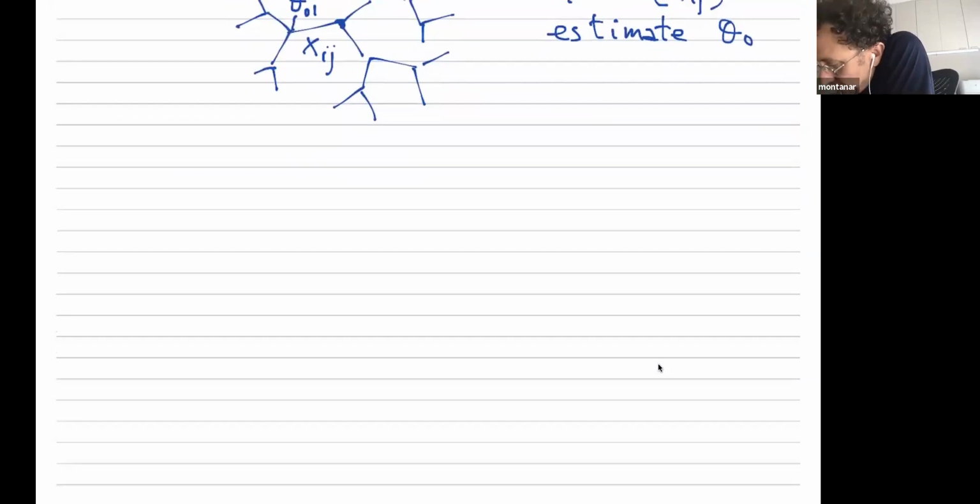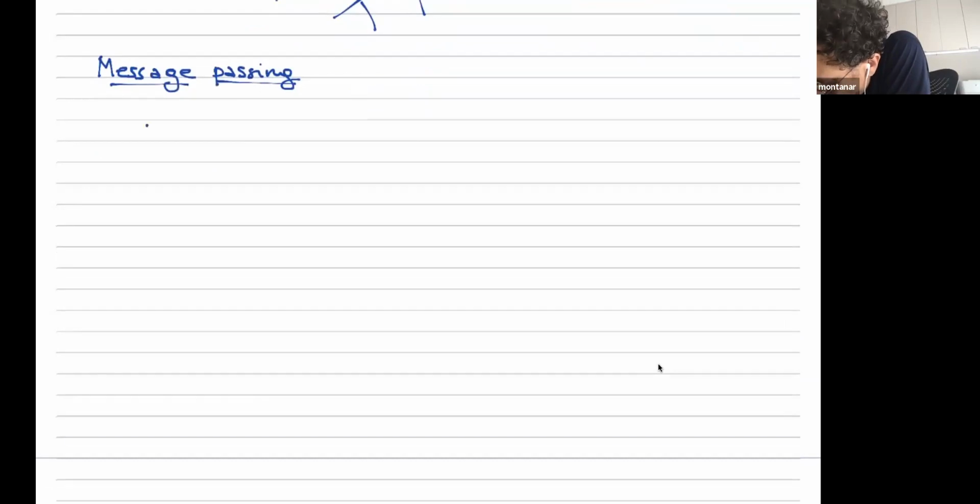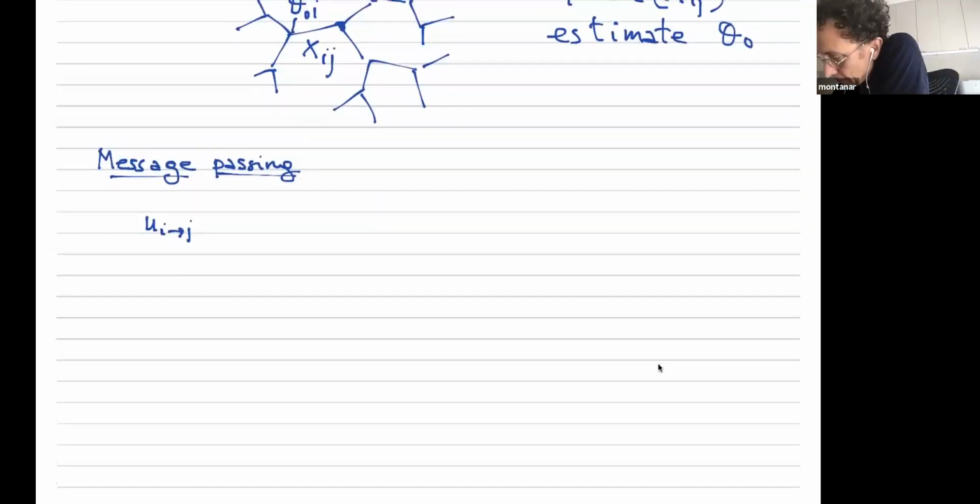Now, here is a class of algorithms for this. What I'll do is describe a connection between the original problem and this problem. And for doing this, let me introduce a class of algorithms for this problem that I'll call message passing. These are algorithms in which you operate with messages, u_t i to j. There are two of these messages on each edge of this graph.